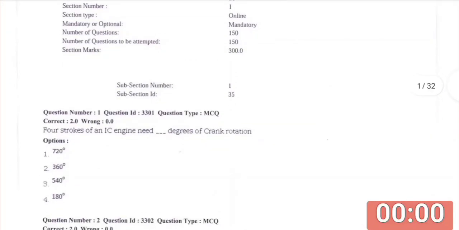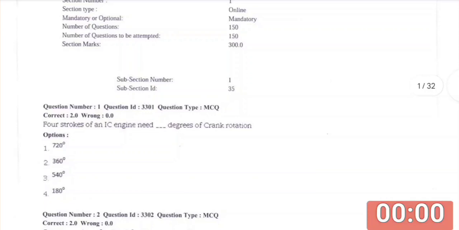Option 1, 720 degree, option 2, 360 degree, option 3, 540 degree, option 4, 180 degree. Answer is option 1, 720 degree.